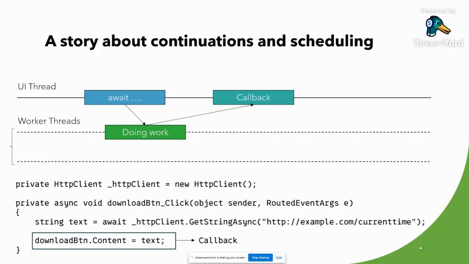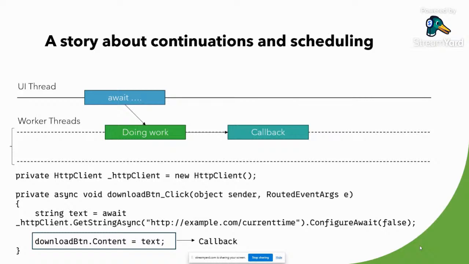The actual call to the HTTP client gets scheduled on a worker thread. The version that you have here, the one that does not have ConfigureAwait false, will do its work. So it will call the API, get its data, and the callback will be executed on the calling thread. Not on the executing thread, on the calling one. That's default behavior.